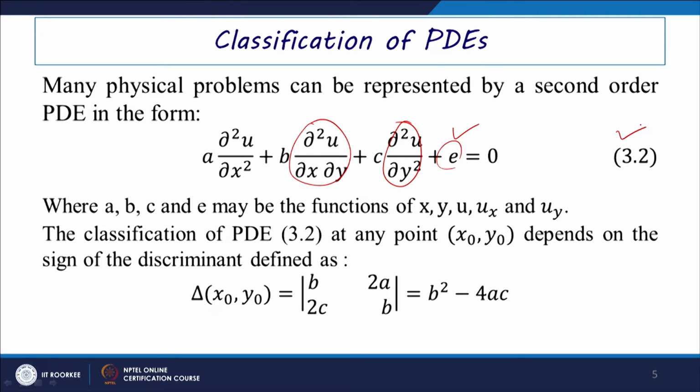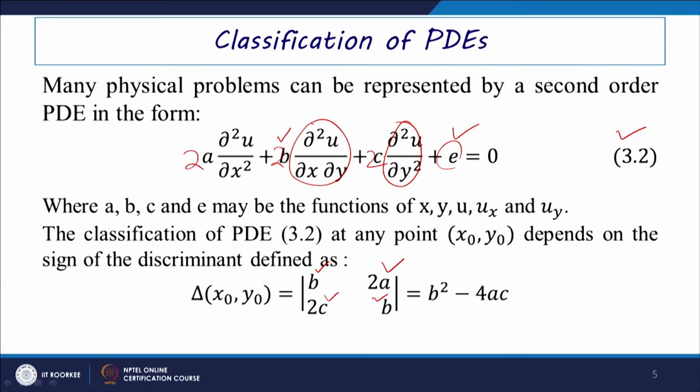If you see the diagonal coefficient b as written here, and especially these coefficients represented as 2a here and 2c here, especially if we discuss quadratic equations, usually the coefficients are written in the form x square plus 2bx plus c equals to 0.